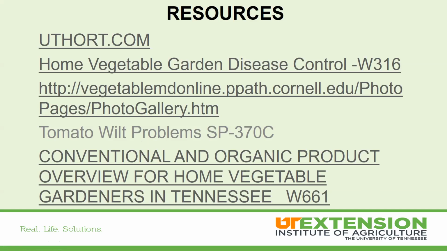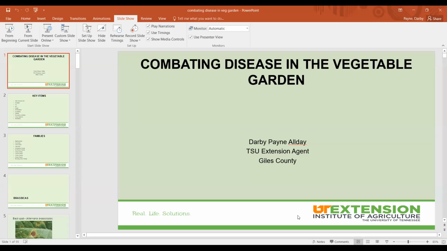The options that I gave you were just conventional ones today, but you can go to the conventional and organic product overview publication that we have, which is W661, and it will tell you what it will control. And so that is all that I have for you to see.